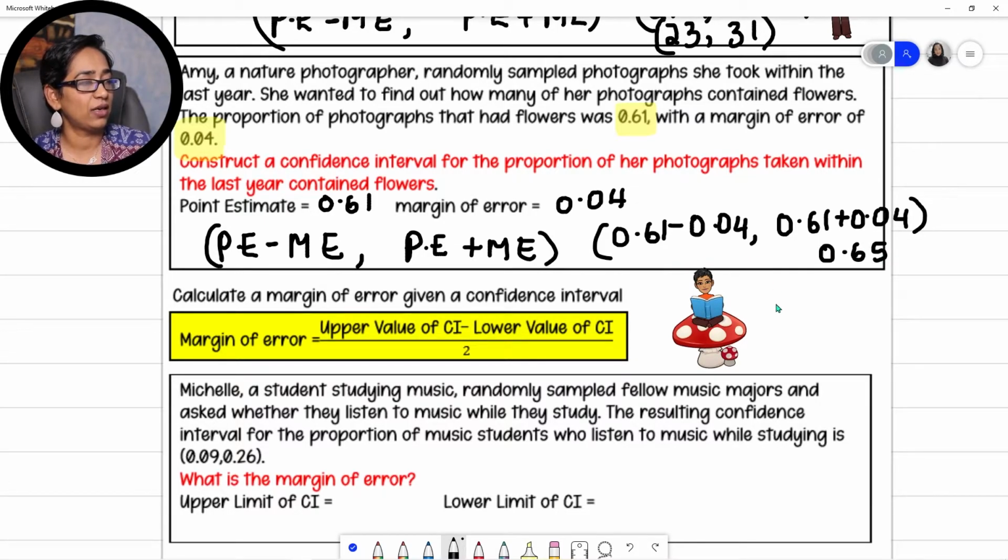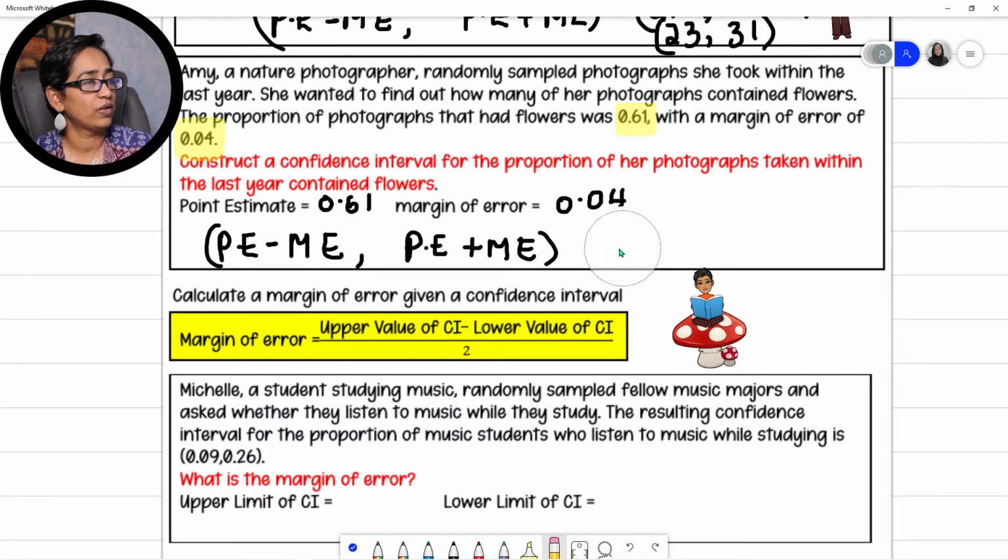And I should have moved it up. Let me go ahead and rewrite this one. So this is going to be 0.61 minus 0.04 and 0.61 plus 0.04.